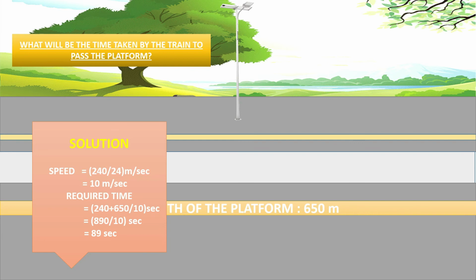Already I explained in the previous sum that speed equal to distance by time. By interchanging the formula to find the time, we will be getting time equal to distance by speed. So that is the thing we are applying here. 890 divided by 10, 10 is the speed. The final answer we will be getting is 89 seconds. So the answer is 89 seconds.